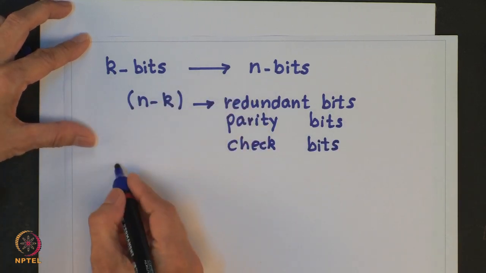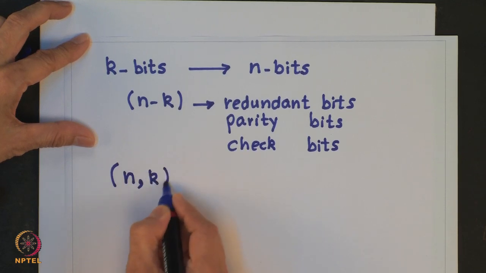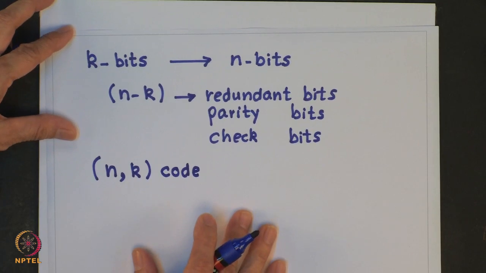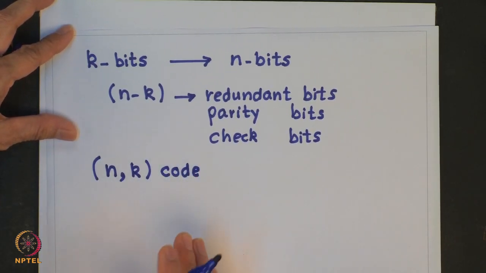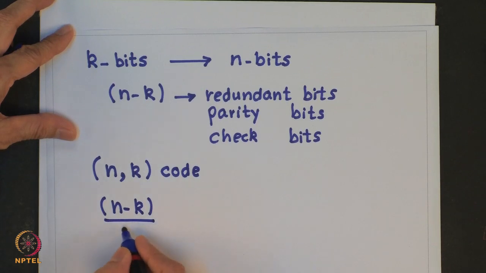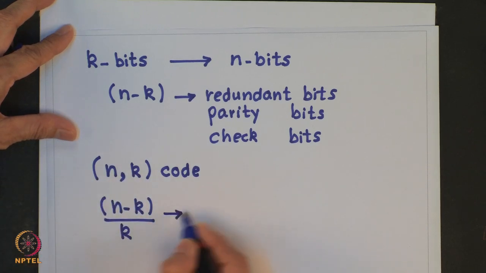And the code is referred to as an n comma k code. The ratio of the redundant bits to data bits, which is denoted by n minus k by k within a block, is called the redundancy of the code.